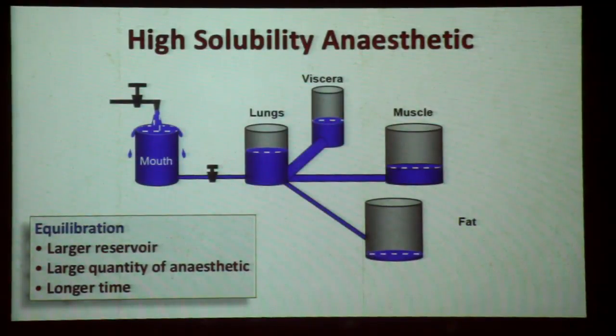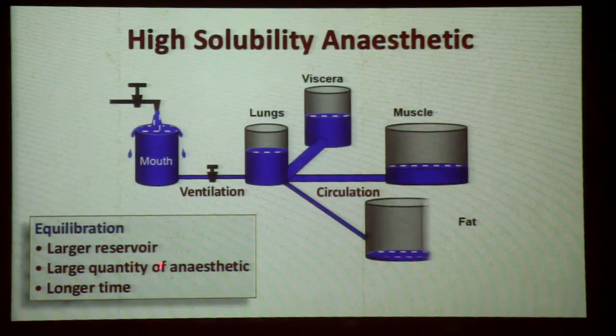Now, for a highly soluble anesthetic, equilibration needs a larger reservoir and a larger quantity of anesthetic agent, and it takes a longer time. So the reservoir becomes larger for a soluble agent because most of it is getting taken up into the blood, because it is soluble.